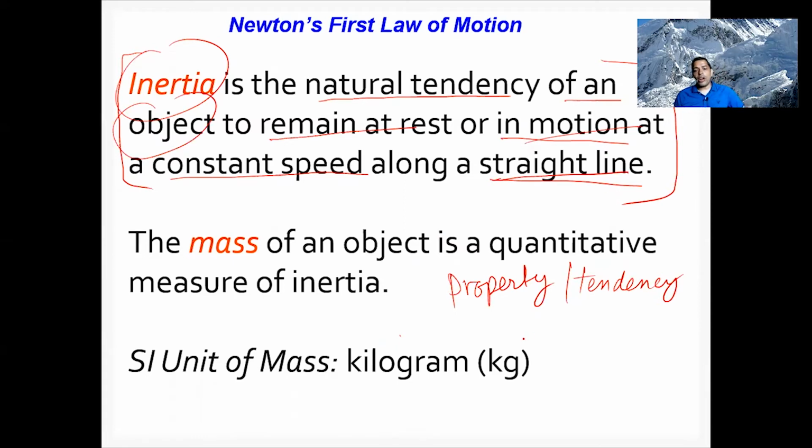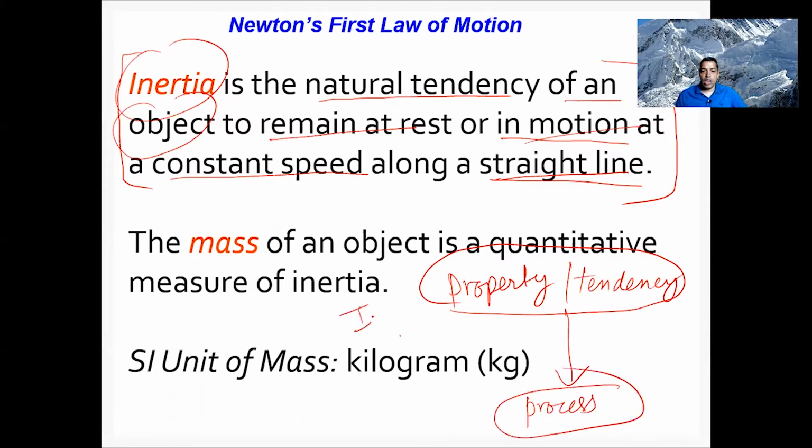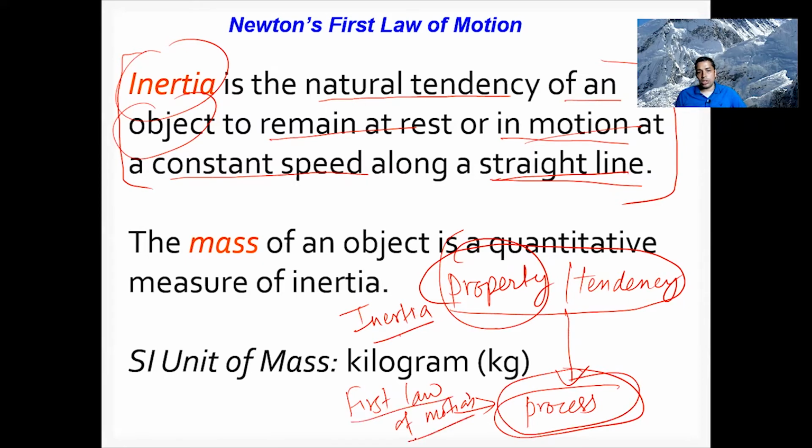But what is the first law of motion? The first law of motion is the process. So inertia is the property, the process is the first law of motion. Meaning, because of this property, inertia, we see the process, which is the first law of motion.